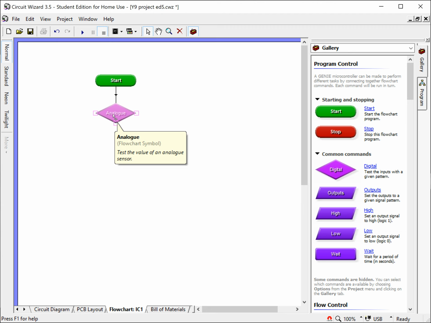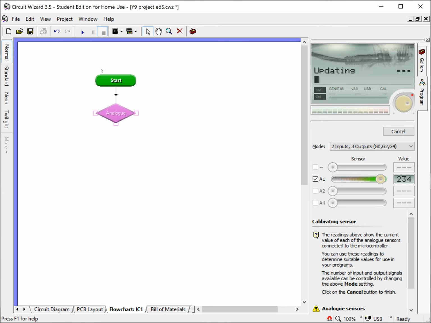So it's quite interesting what I can do now, because if I get to this black square here, I can calibrate the sensor. Can you see it's saying A1, which is the only one it's got there. The value is 234. Now, for an LDR, the resistance goes down with light, so it goes up in darkness.